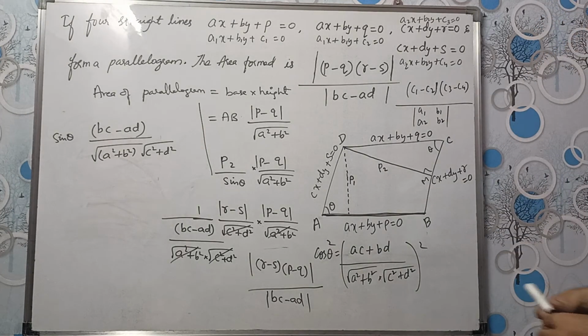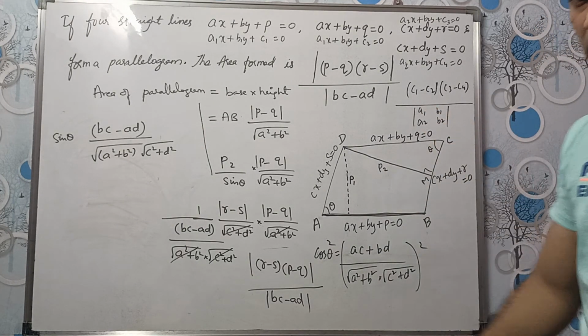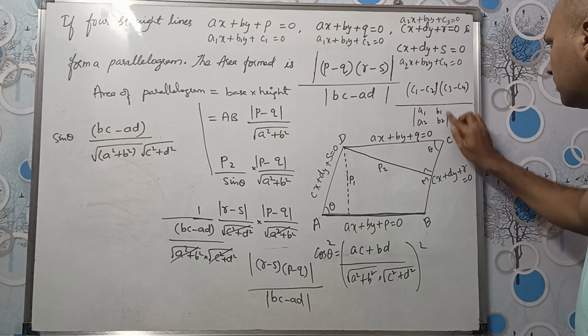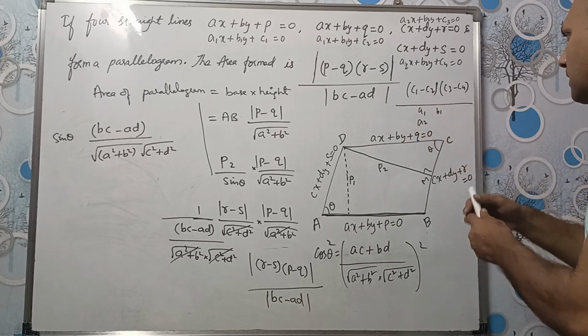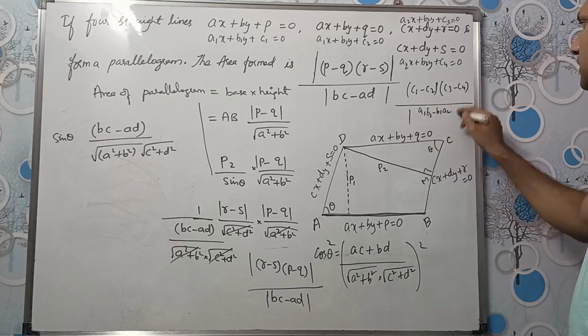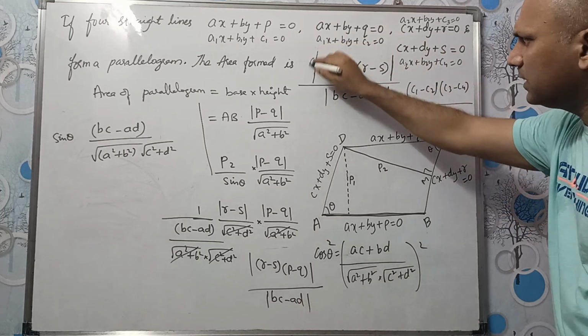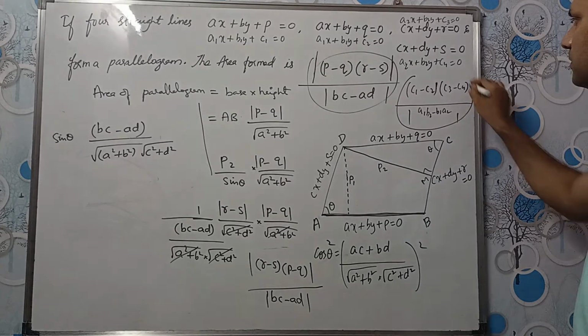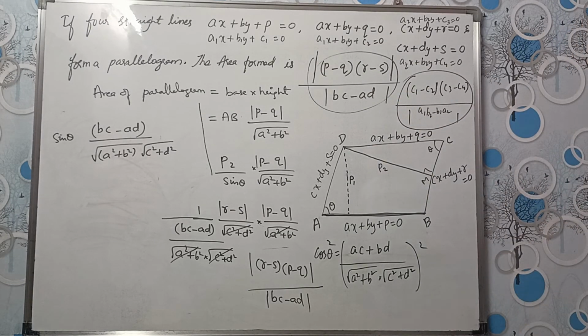So this will be a1 b2 minus b1 a2. You write the formula in this form or this form, it is one and the same. I hope you understood the derivation.